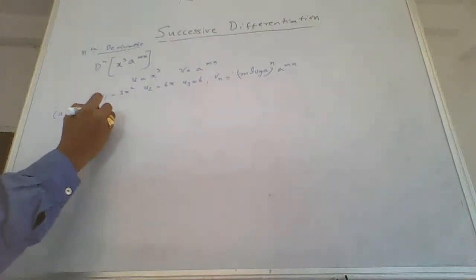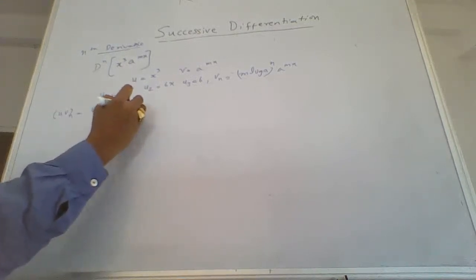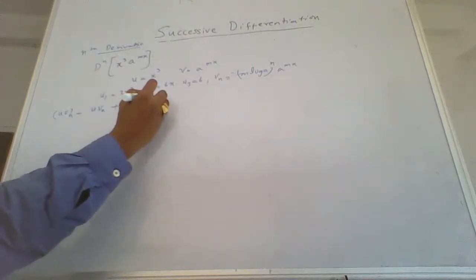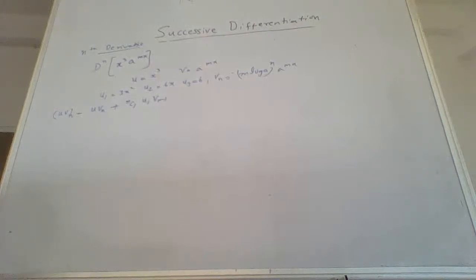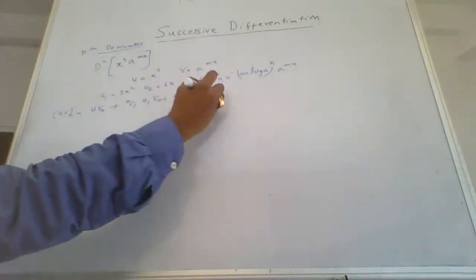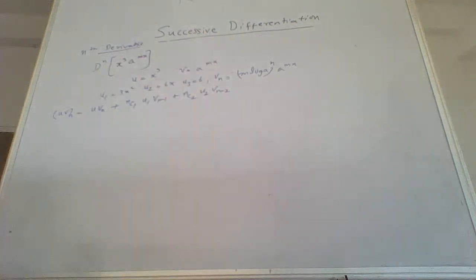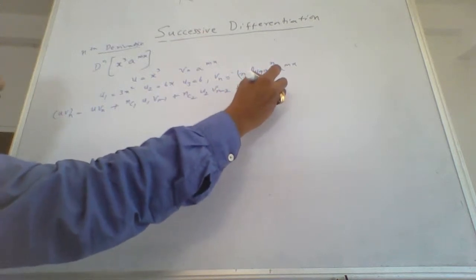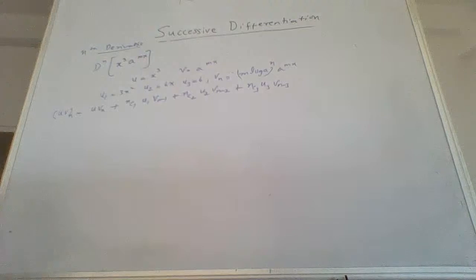That is u vn plus nC1 u1 vn minus 1, and that can be continued with nC2 u2 vn minus 2, and again we have nC3 u3 vn minus 3, and the next terms would be 0.